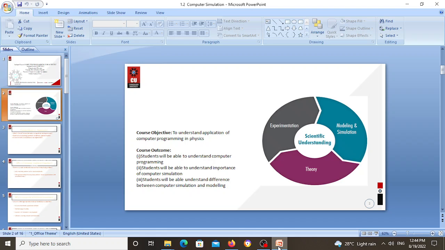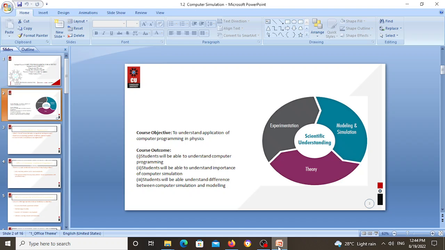Python is a very popular language, and today we will try to understand how it can be used to perform various scientific experiments on the computer.